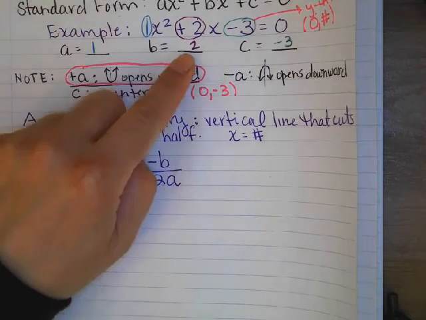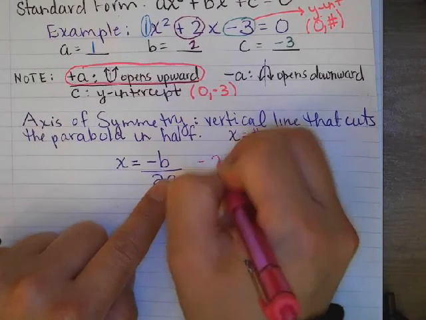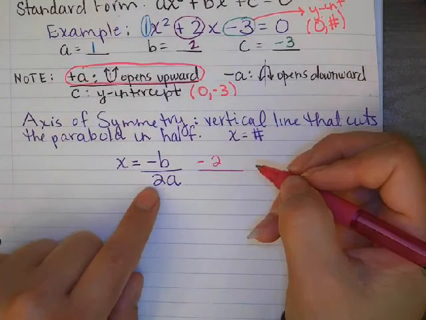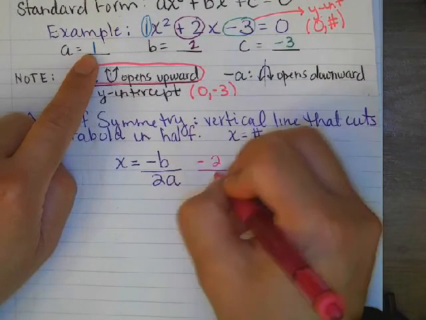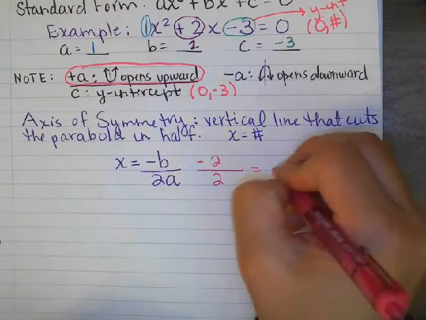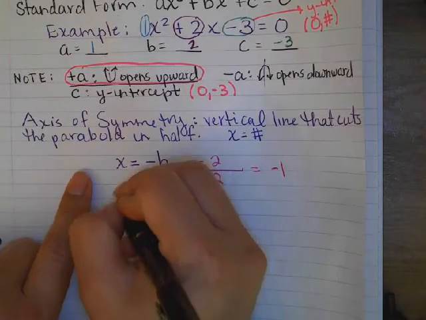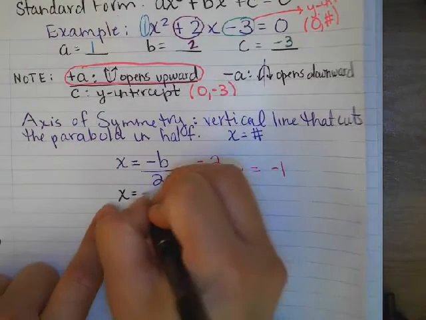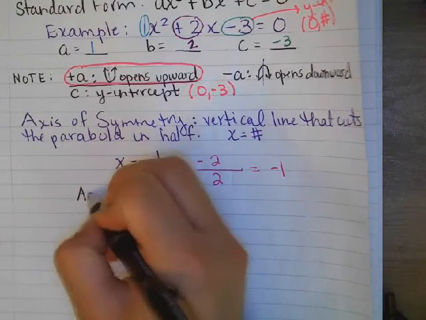So the opposite of b, well, if b was a 2, the opposite would give me negative 2. 2 times a is 1, so 2 times 1 is 2. So negative 2 divided by 2 is negative 1. So now I know that my axis of symmetry is x equals negative 1.